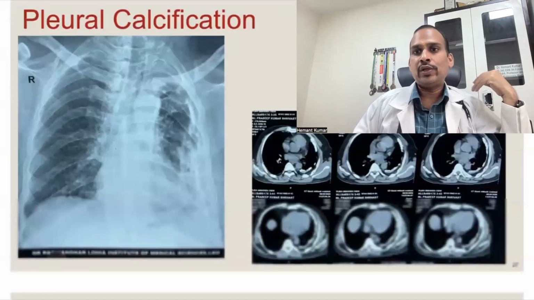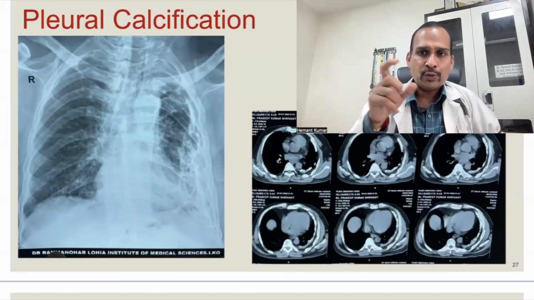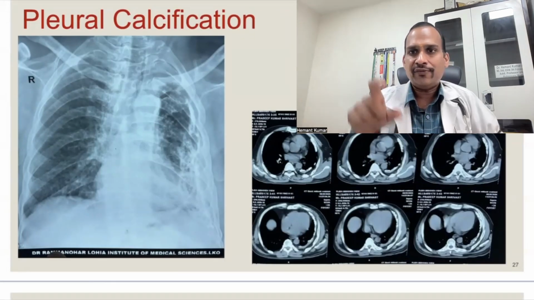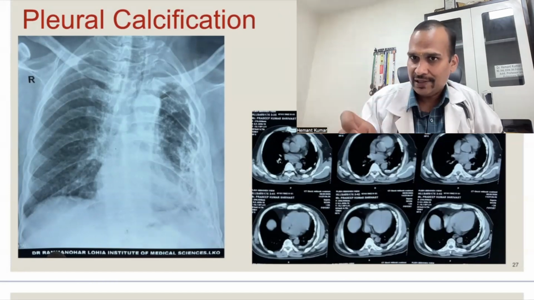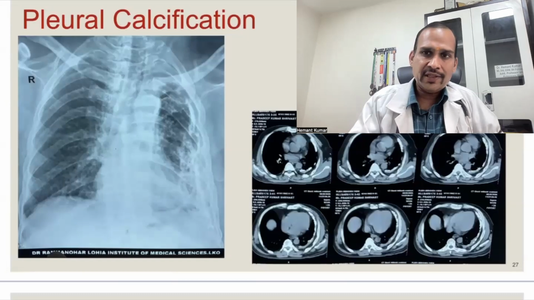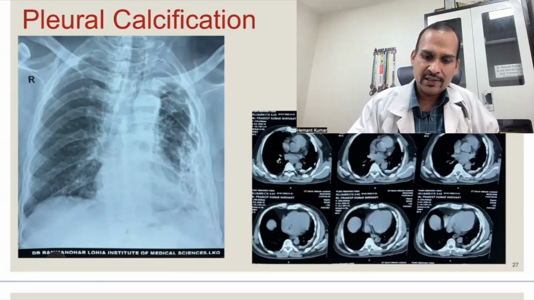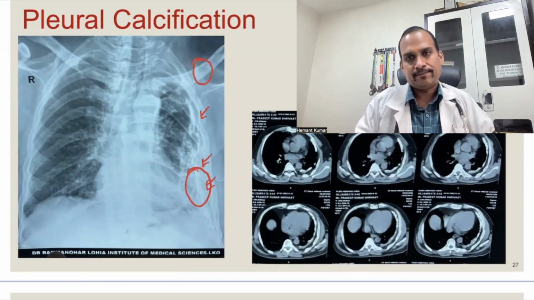Another entity is pleural calcification. Post-primary tuberculosis heals by fibrosis or thickening, but primary tuberculosis heals by calcification. So whenever there's calcification, you can think of primary tuberculosis healing by calcification. In this X-ray, you can appreciate this opacity. And the density of the opacity is the same as bone.